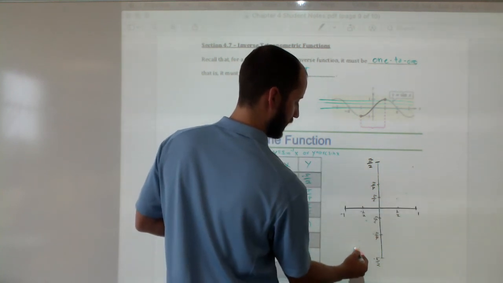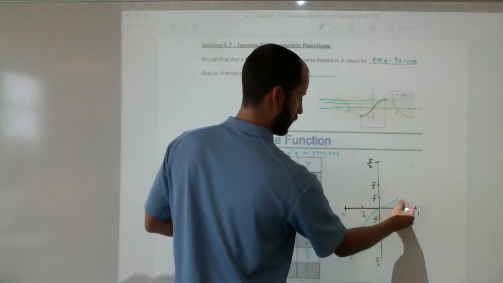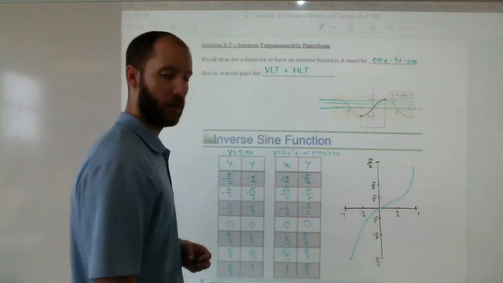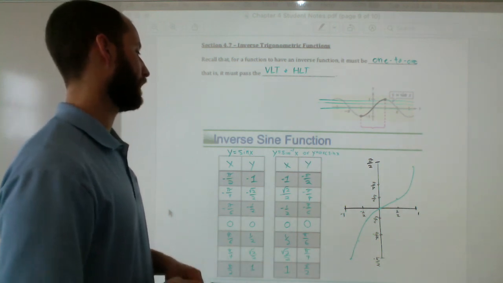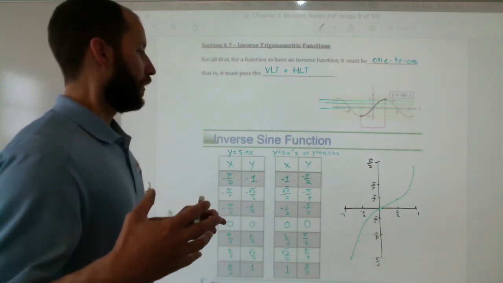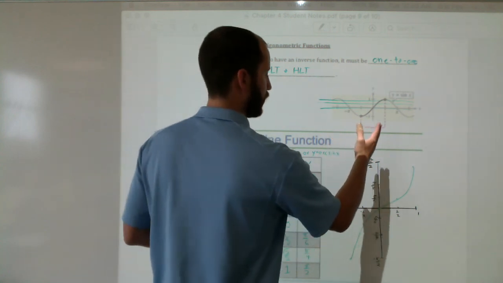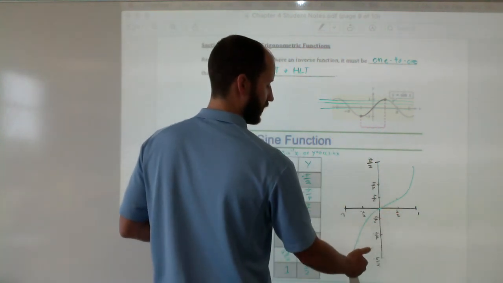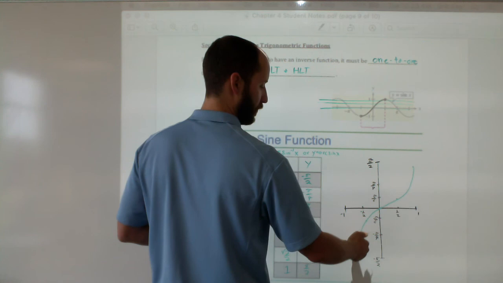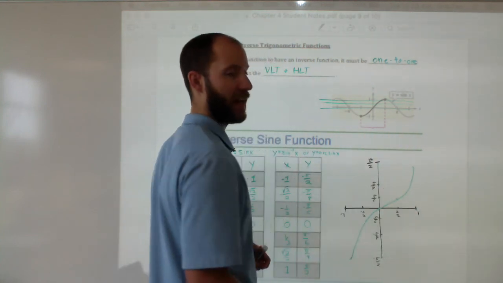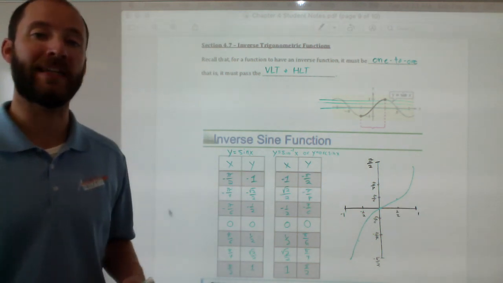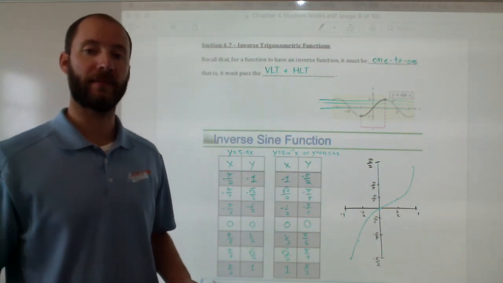And we connect it with a smooth curve. So what we find is this reflection over the line y equals x, and now we have this single piece of a smooth curve that also passes the vertical line test. So the inverse ends up being a function. All right?